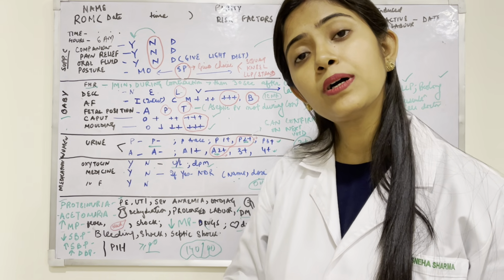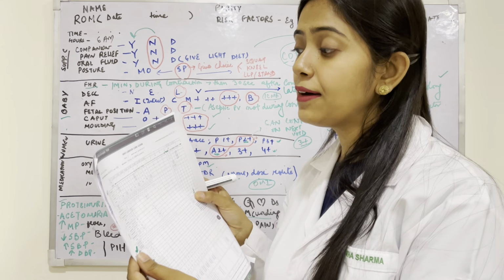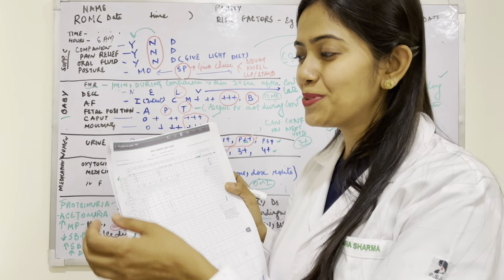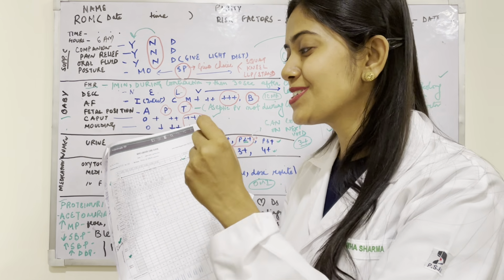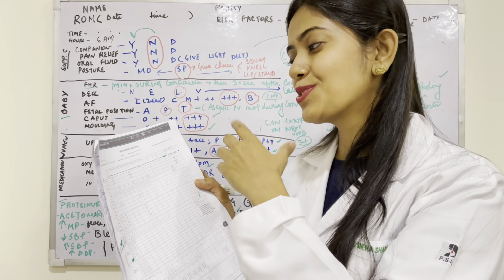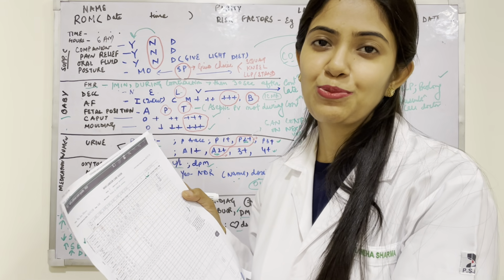But for people who are working in a labor room, you have the WHO Labor Care Guide with you. It has all the headings written there. You just need to fill it up correctly. So definitely it becomes a lot easier for people.